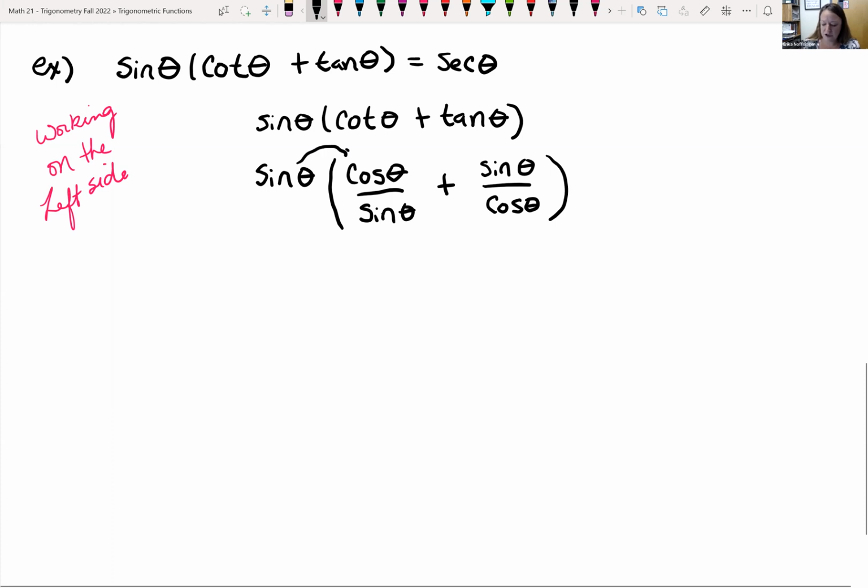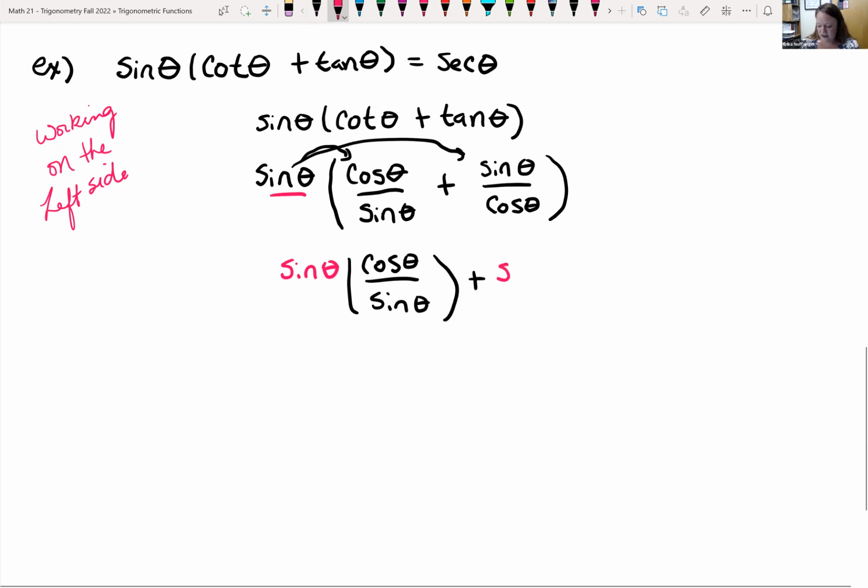If we distribute our sine theta to both terms, we have sine theta times cosine theta over sine theta, plus sine theta times sine theta over cosine theta.